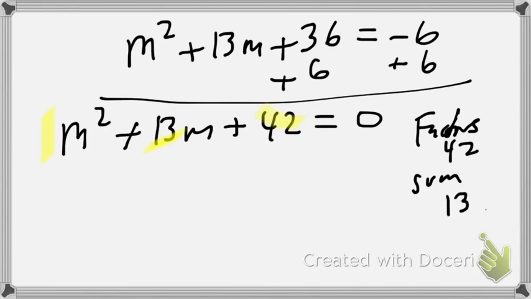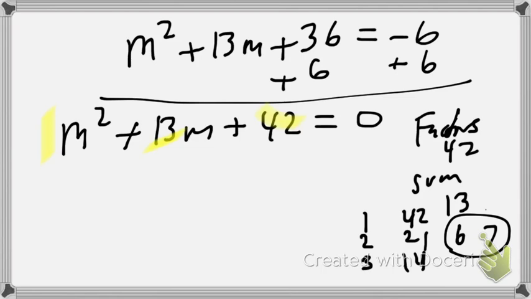Alright, so factors of 42. 1 and 42. 2 and 21. 3 and 42 divided by 3, 14. 4, no. 6 and 7. Yes.